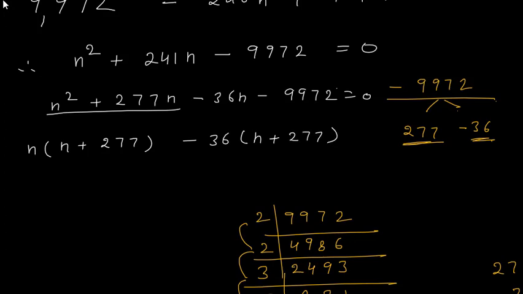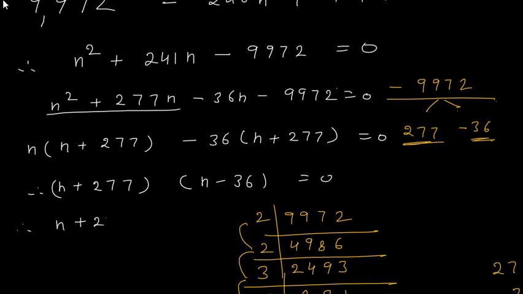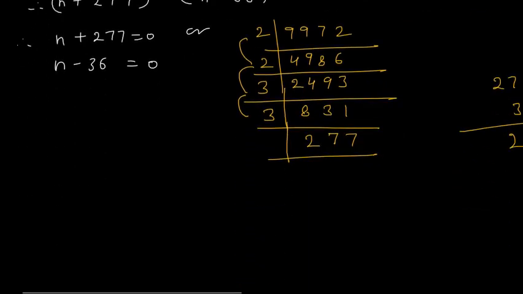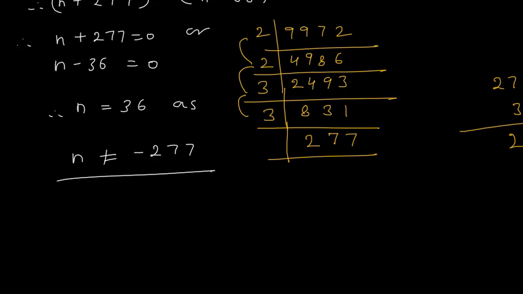So we have n plus 277 and n minus 36 equal to 0. This gives n plus 277 is 0 or n minus 36 is 0. But n cannot be a negative number, so n is 36, as n cannot be minus 277. So the final answer is n equals 36 months.